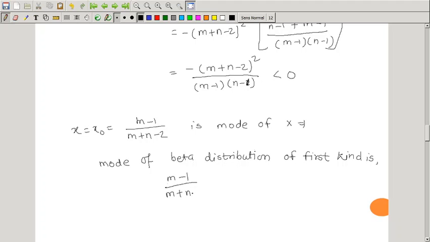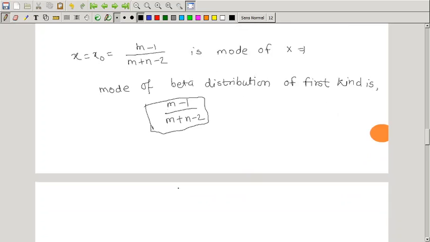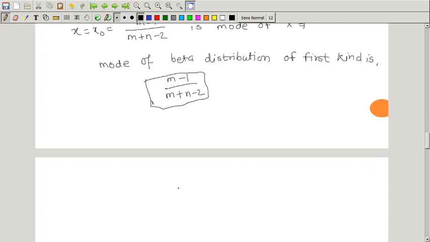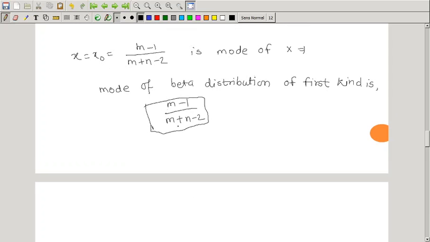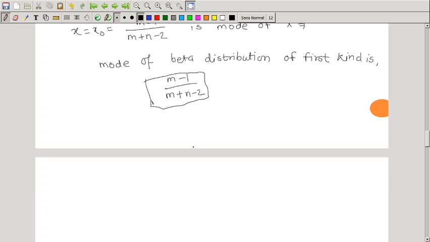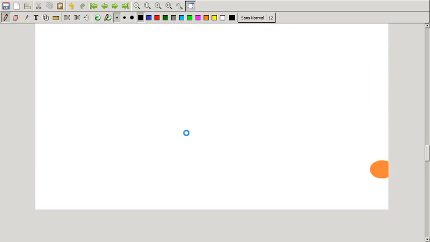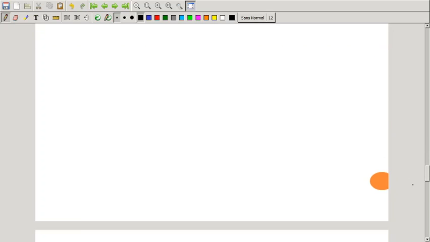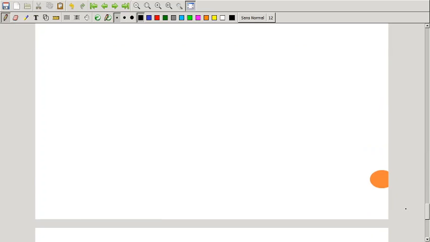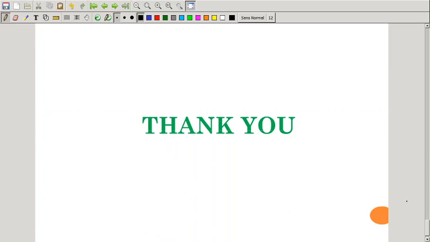Only remember one thing: here m plus n is greater than 2, in that case this mode exists. Okay, so thank you so much.